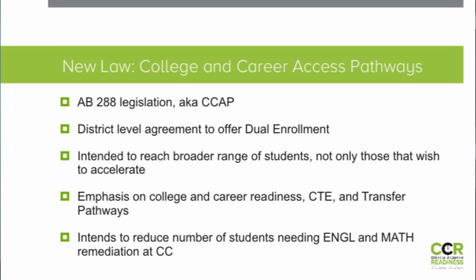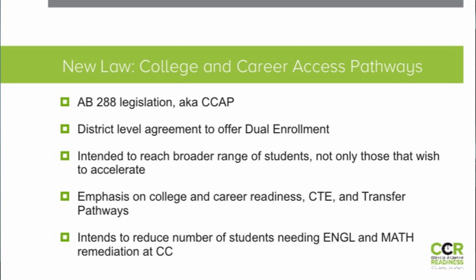Remember that I discussed in the previous slide that there were 3 intentions behind existing law for dual enrollment: educational enrichment, advanced scholastic work, and smoother transition to college. This legislation intends to reach those students that might not typically access college otherwise. So it's not just about acceleration and enrichment, it's about getting students to college that might have a problem doing so.